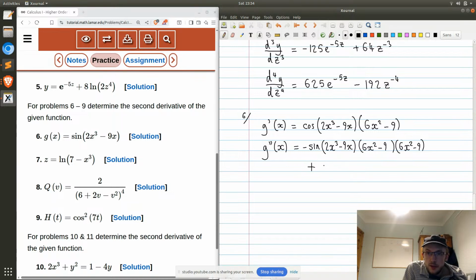So we have 12x times this cosine right here. And so that there will be square. That there will be square.